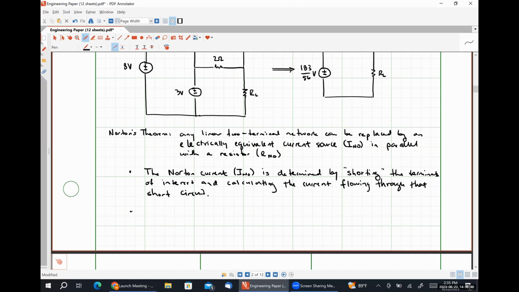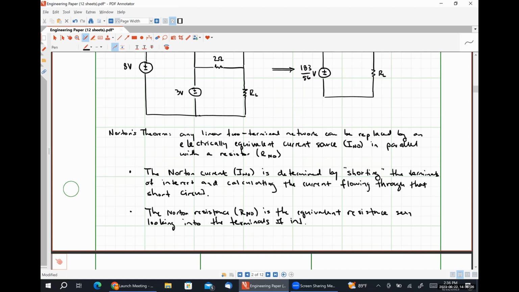The Norton resistance, R Norton, is the equivalent resistance seen looking into the terminals of interest in a dead network.